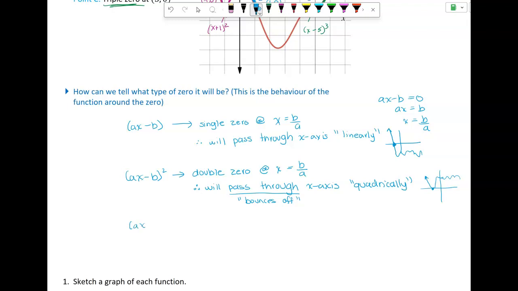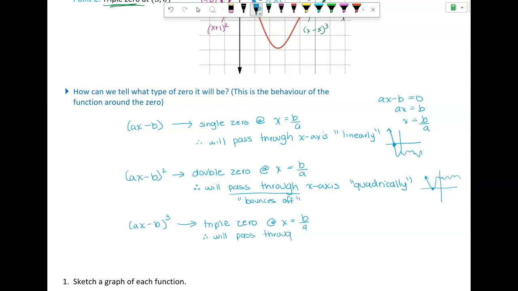Versus (ax - b)^3, that creates a triple zero, which also happens at x = b/a, because that's basically solving just the inside of the bracket, and the exponent on the bracket determines what type of zero it is. It will pass through the x-axis in a cubic-like manner.